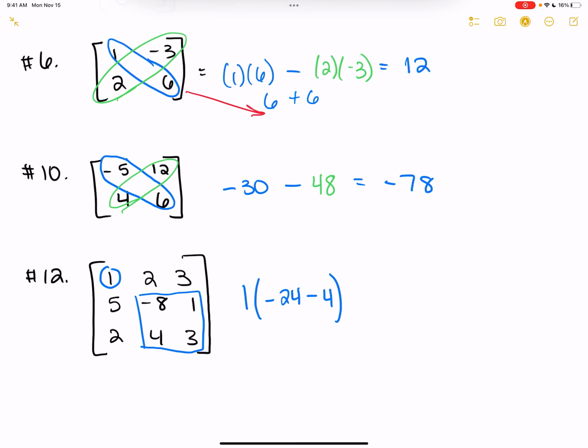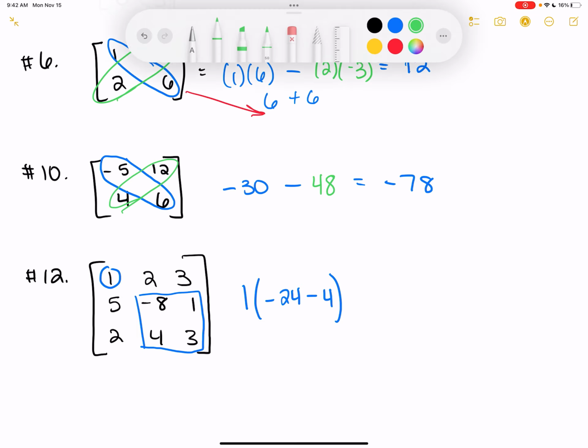Okay, now is where it gets to be a little bit interesting. This one, notice, is positive. We don't have to write it, but it's positive. The next one that we write is going to be negative. They alternate. Even if this number had been a negative 1, the next number we write would still be negative.